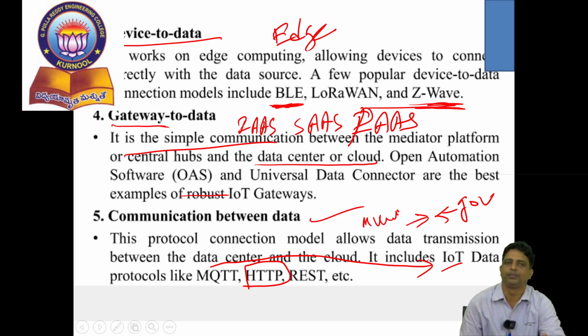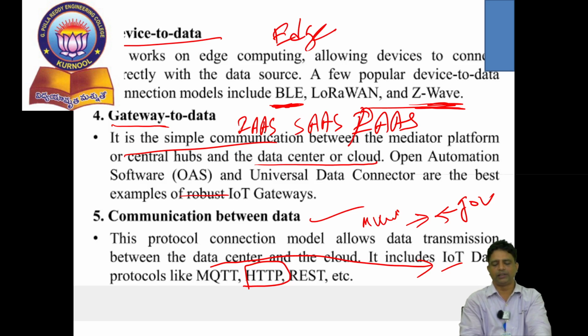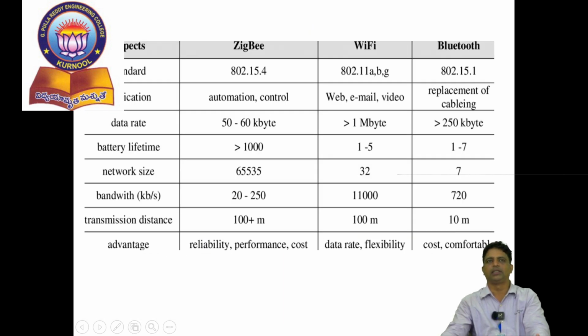Like, a very rough example is a radio, where information will be released in the form of publishing, and the subscriber has to find it anytime and can read the information. So this is called the publish subscribe model, and we have other different protocols also that mention this communication model between gateway to data and between data center to data center.